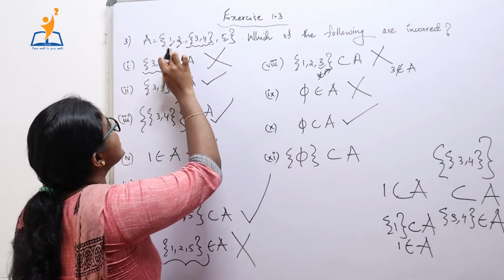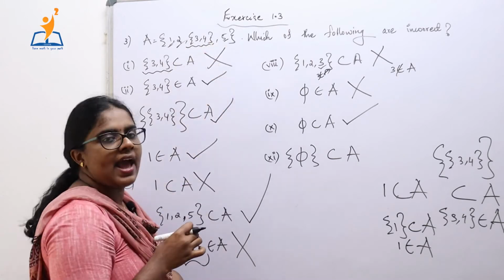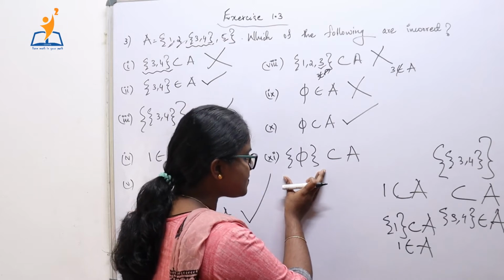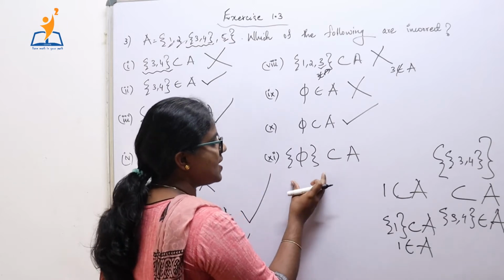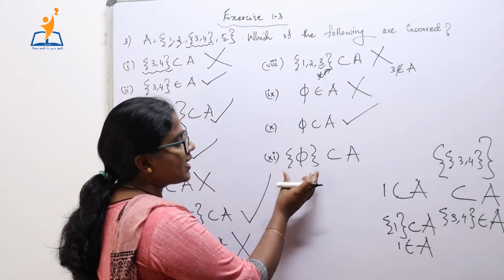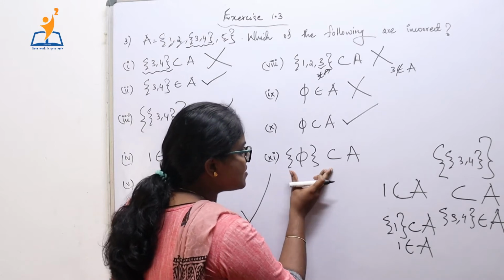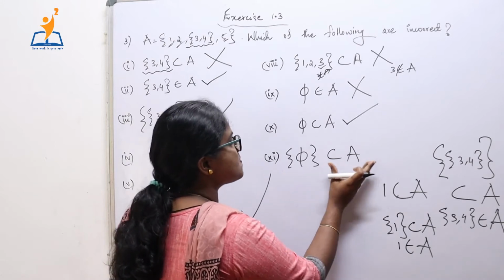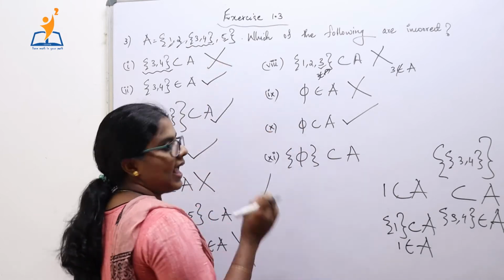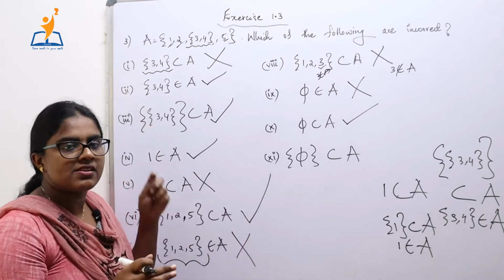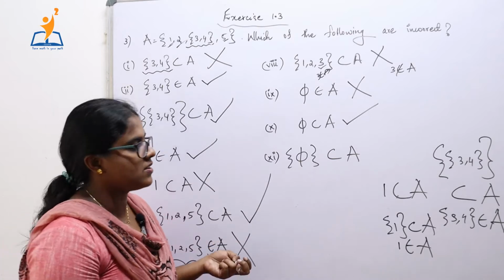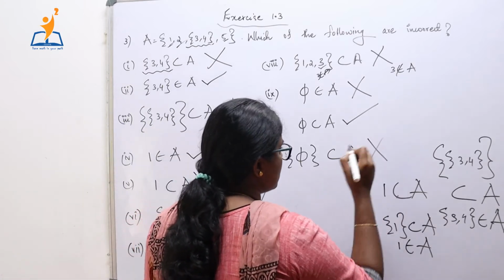Here we have only 4 elements, 1, 2, set 3, 4 and 5, which means there is no element like this present in A, which means that this particular set is not a subset of A. Make sure that set 5 being a subset of A means we have to find an element 5 in A. We have no element like that in A, so we cannot say that set 5 is a subset of A. So this statement is also false.